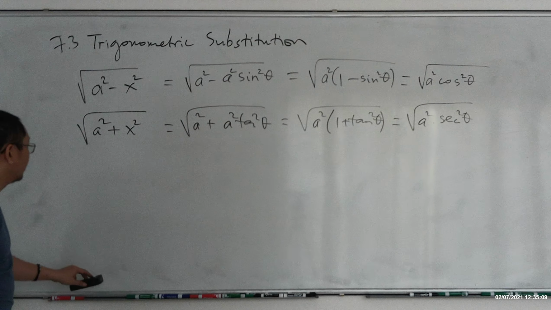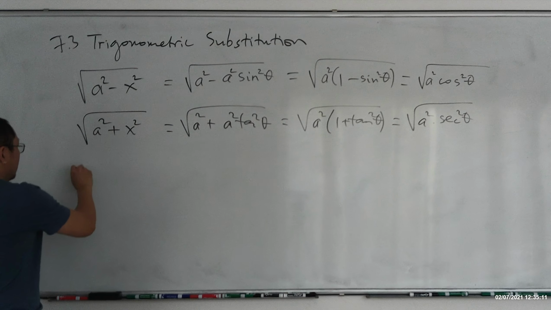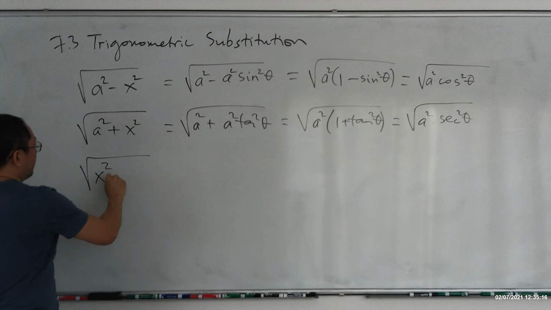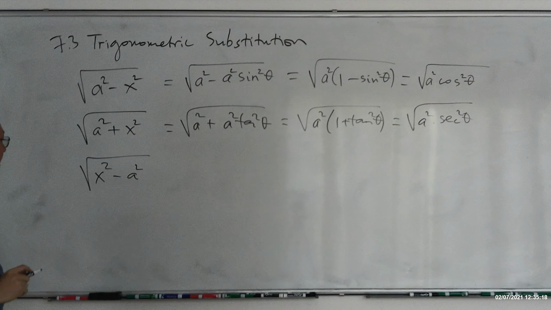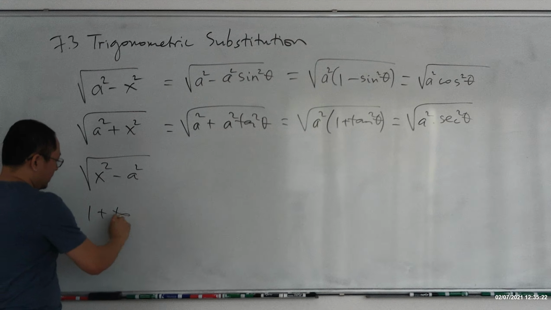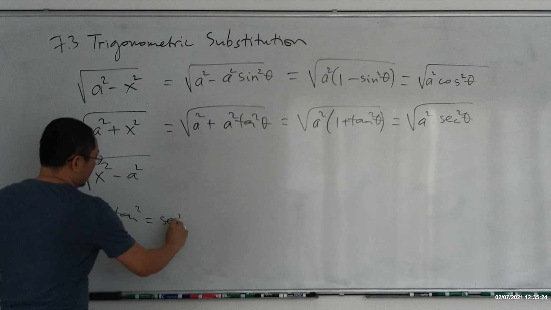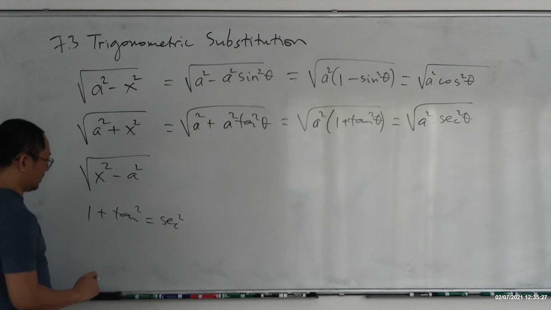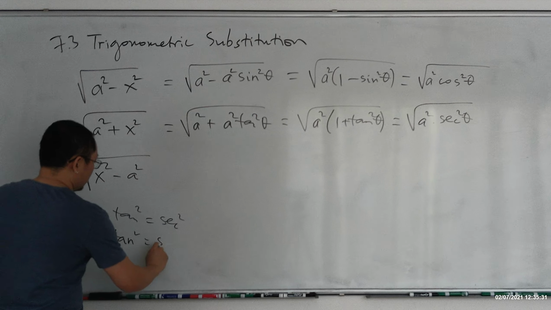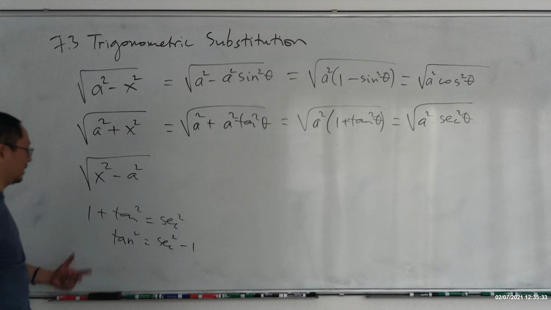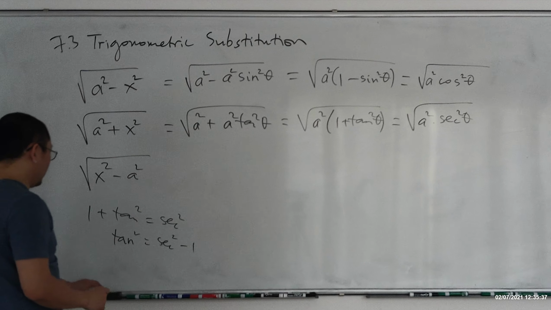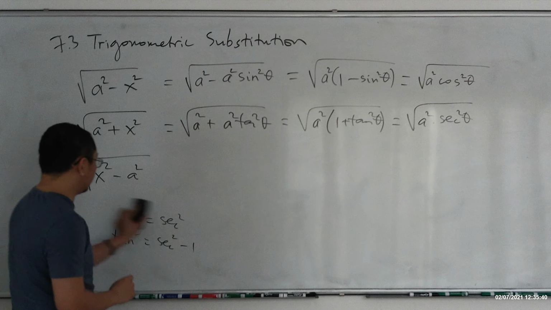That's the second type. The third type is the square root of x squared minus a squared. Now, the hint to think of this one is still 1 plus tangent squared equal to secant squared. So really, tangent squared is equal to secant squared minus 1. What's the hint?